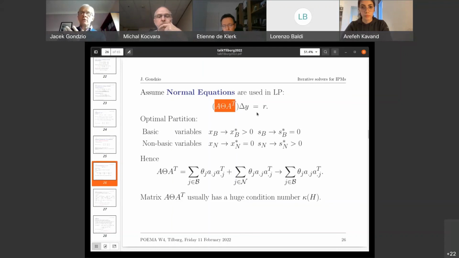Because what an iterative method needs is only the multiplication with A transpose, then multiplication with theta, which is a diagonal matrix, so this is trivial, and then multiplication with A. I did it in a number of applications in signal processing, for example, in image processing, that these equations are never formulated. They are handled entirely implicitly, entirely matrix free.